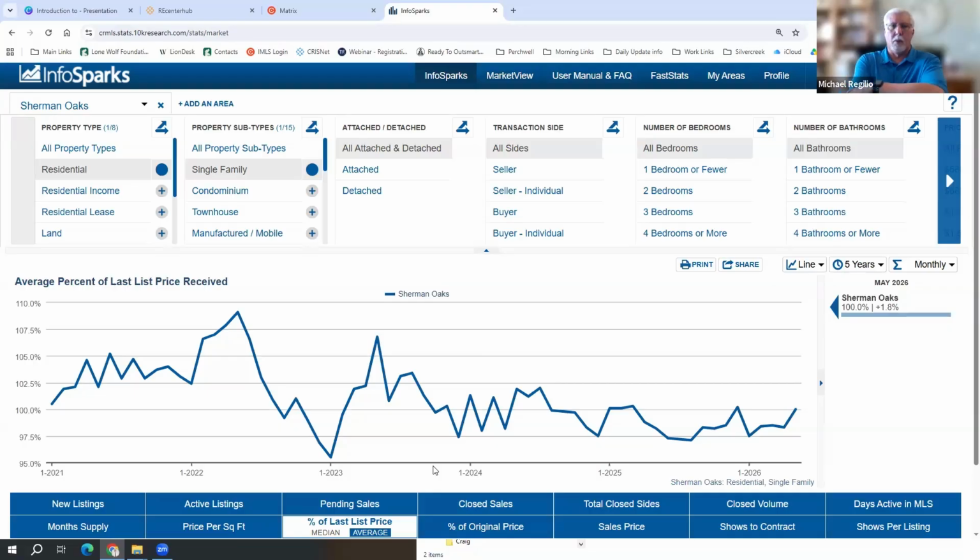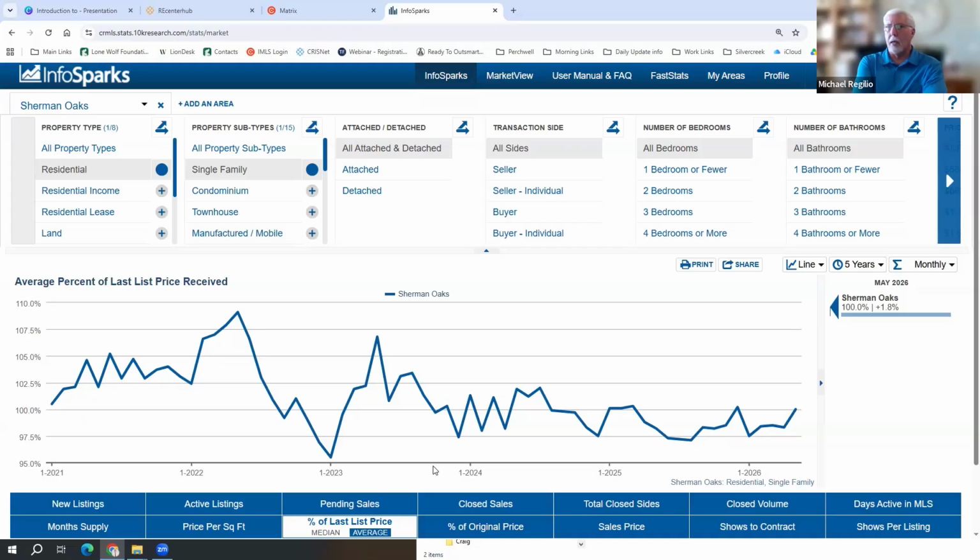This is great for buyers to be able to see that if the sellers price it correctly, we're not seeing major discounts being given on that price.